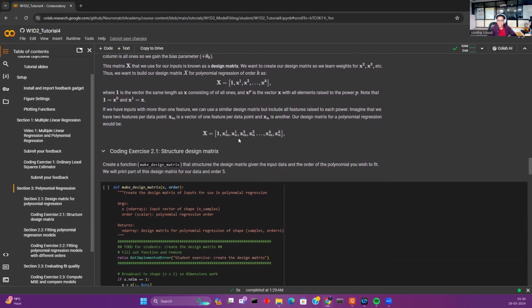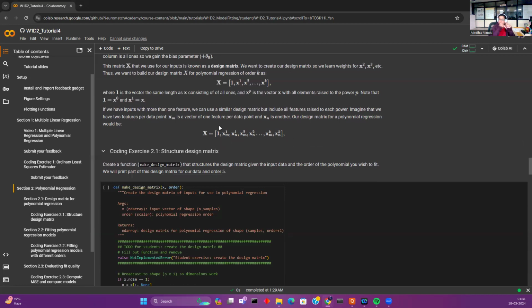What we need is an array of just ones, and then whatever the order of this polynomial is, that many vectors. Let's say x square, x cube, and so on until x raised to k. And if you have more than one feature, that is also arranged in that design matrix. So that's how you think of the design matrix. You will have an array of just ones.